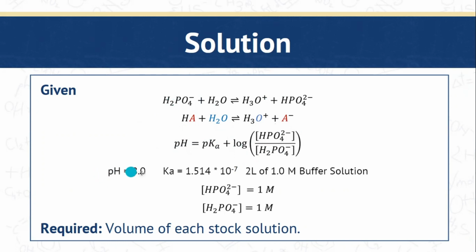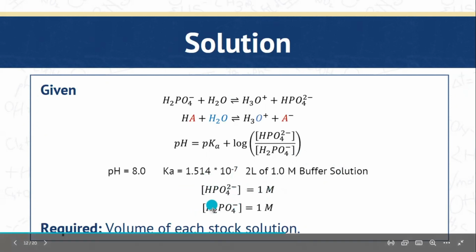We have the pH equal to 8, the Ka equal to this value, and we have 2 liters of a 1 molar buffer solution. We're given the stocks of the solutions. For the disodium hydrogen phosphate, it's 1 molar, and the sodium dihydrogen phosphate, we also have 1 molar.